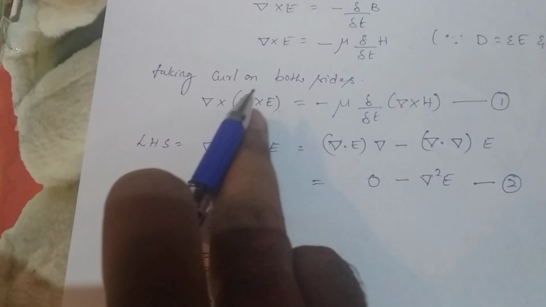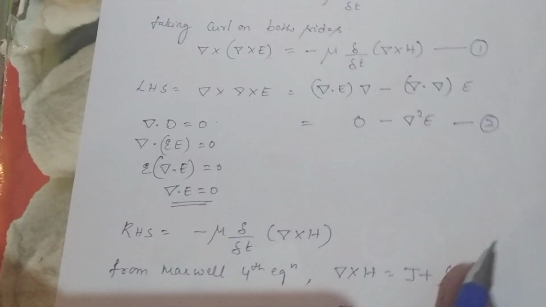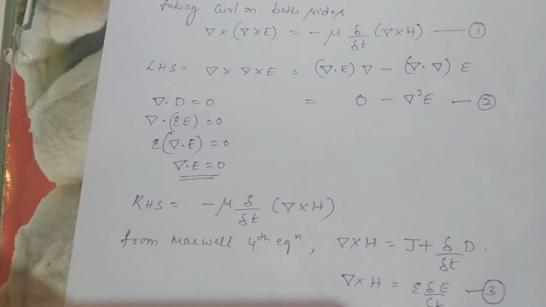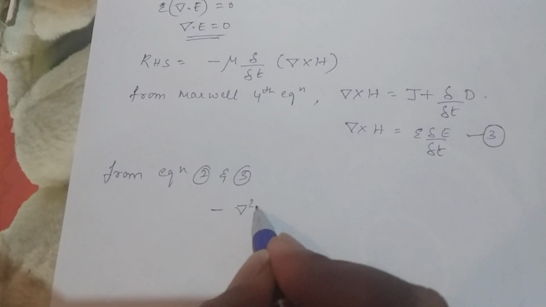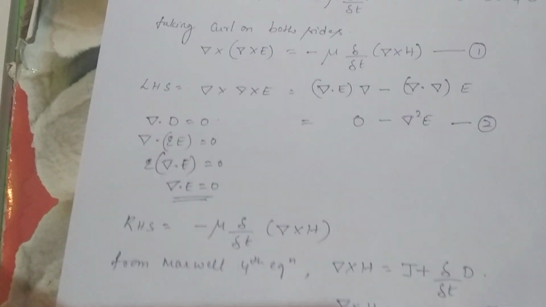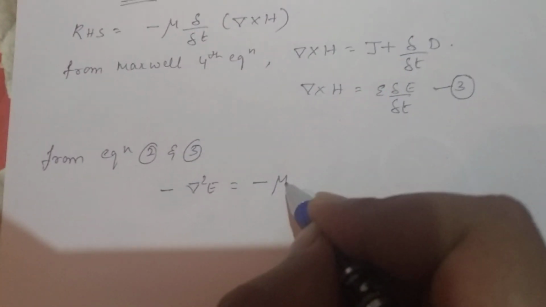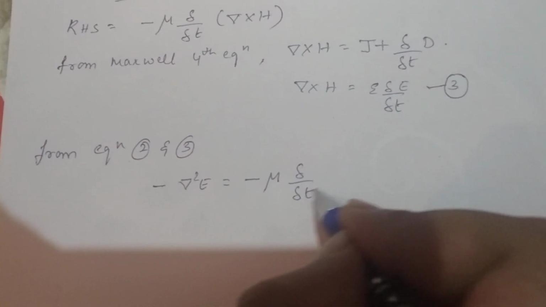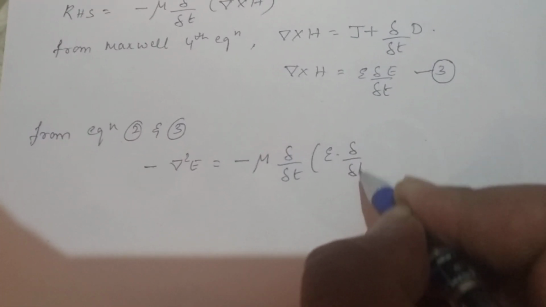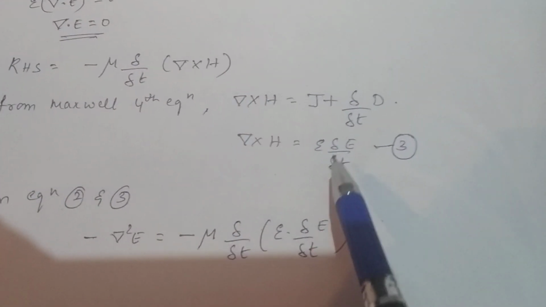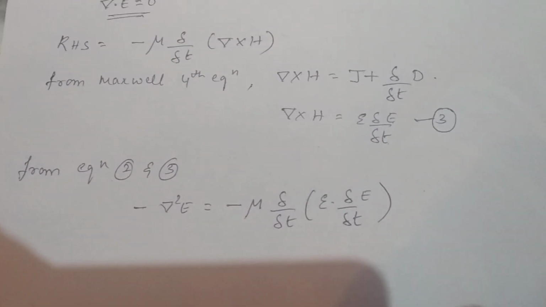Curl of E is equal to minus del square E, so minus del square E is equal to, what is the RHS in equation number 1, minus mu dou by dou t of epsilon dou by dou t E, because del cross H is nothing but epsilon dou by dou t of E, so I have replaced it here.